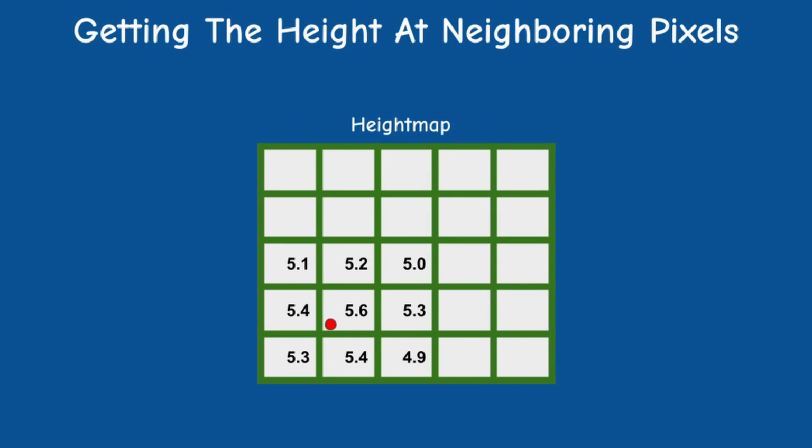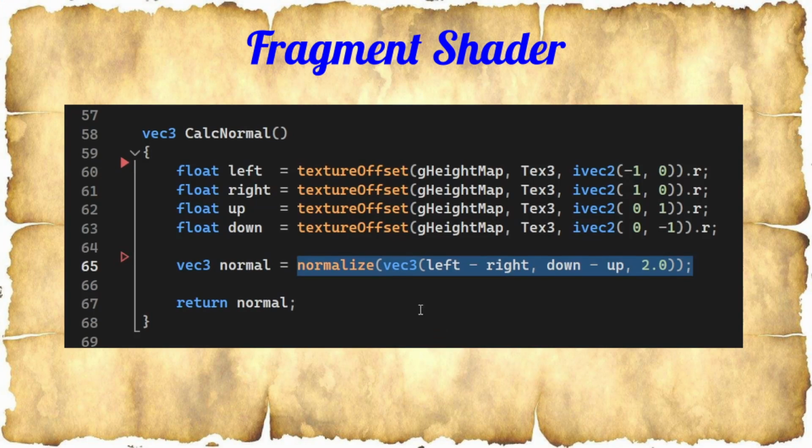How do we get the height at the neighboring pixels? Well, one method is to calculate the delta between pixels in texture space and add or subtract it to the current coordinates. The delta is of course 1 over the number of texels. There is actually a simpler method, which is to use textureOffset instead of the usual texture GLSL function. textureOffset takes a third parameter, which is a 2D integer offset vector.